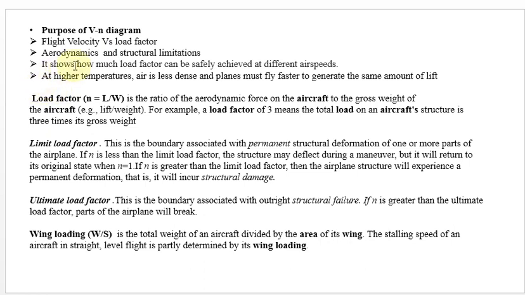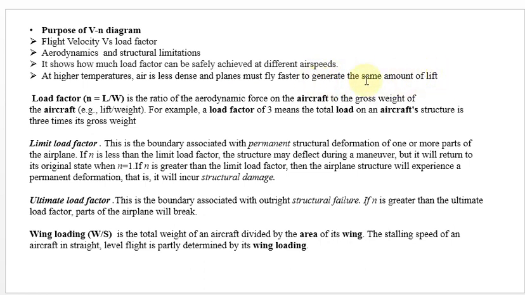Similarly, it shows how much load factor can be safely achieved by a given airplane. The load factor we will discuss in the next paragraph. The main aim is to find the maximum load factor for the particular airplane, and that is the point you can get from this VN diagram. In the same way, at higher temperature the air is less dense, so automatically the plane must fly faster to generate the same amount of lift.